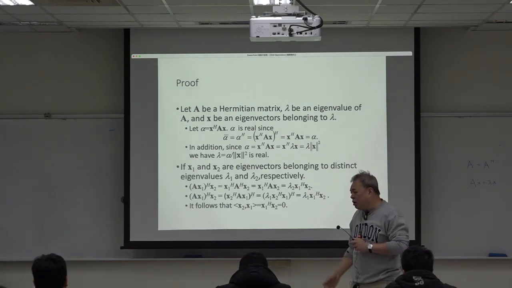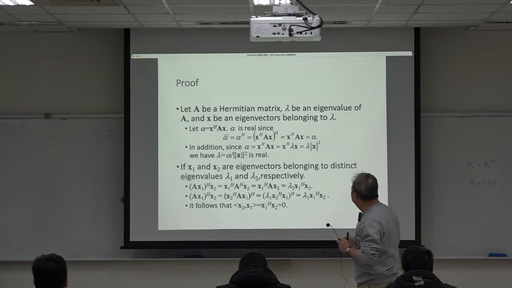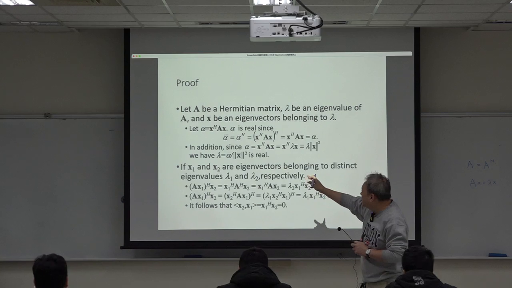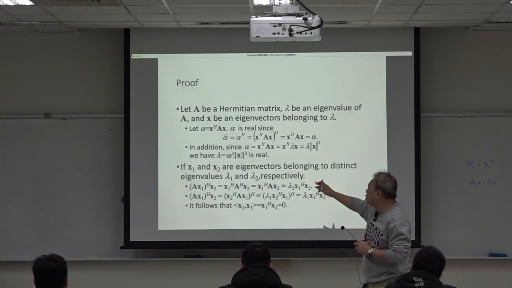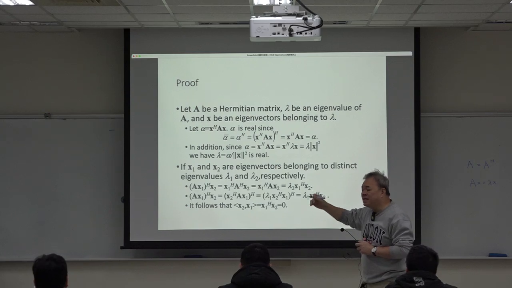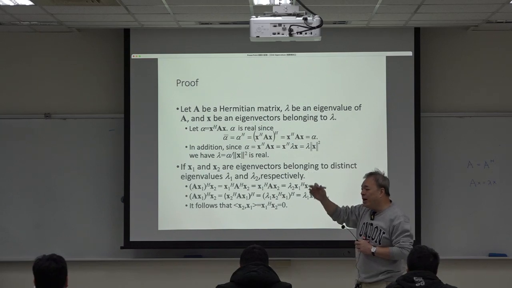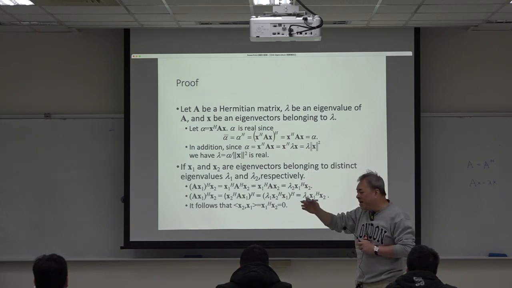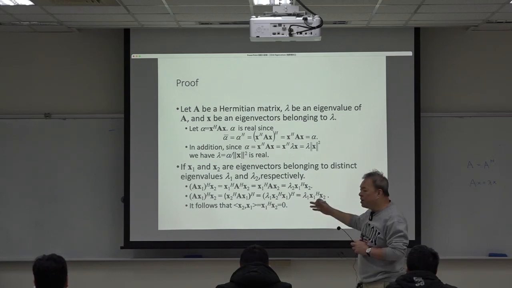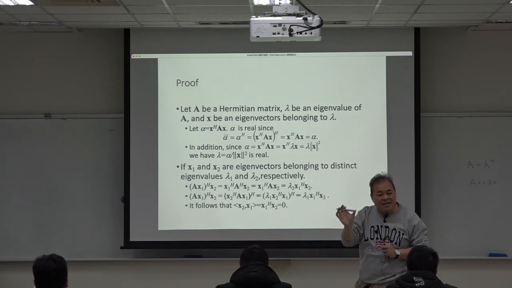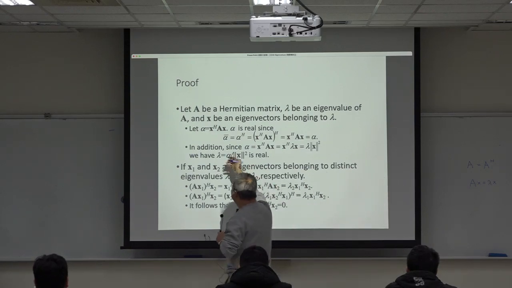Of course, it could be complex, but at least the size must be one by one, because it's x^H A x, and remember x is a column vector, so x^H is 1 by n. 1 by n multiplied by n by n multiplied by n by 1, so the result must be 1 by 1. I'm talking about size, not the value.